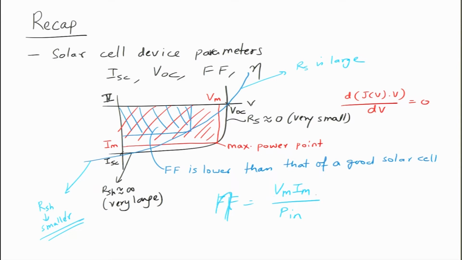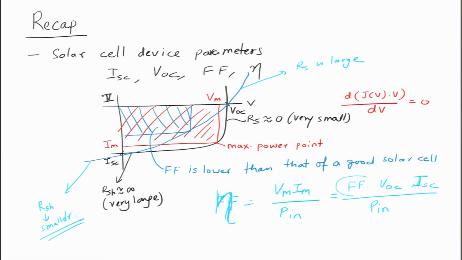So, the ratio of VM IM to the incident power gives you the efficiency, and this is related to fill factor. VM IM is equal to fill factor times VOC times ISC.